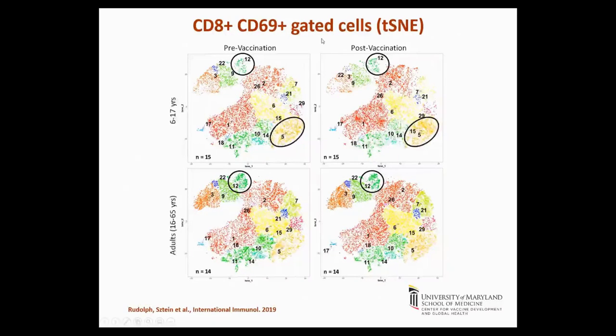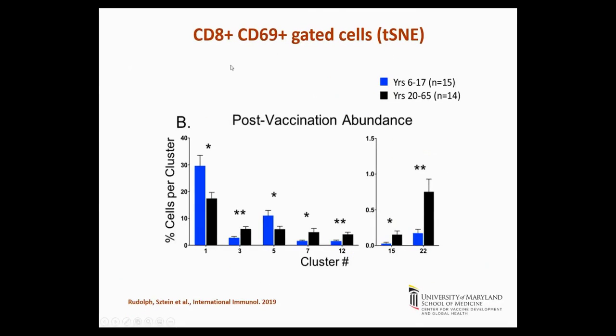And here I included an example of a tSNE map, and you can see children in the two top quadrants, as well as adults in the two lower panels. If you look, for example, at cluster 12, it's very easy to see that they have less of a cell representation than adults. And the same thing for cluster 5.